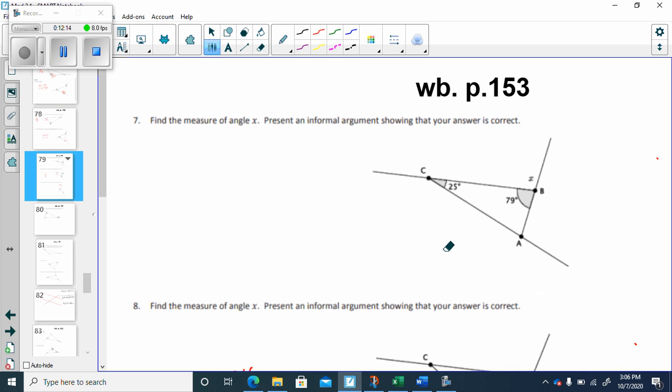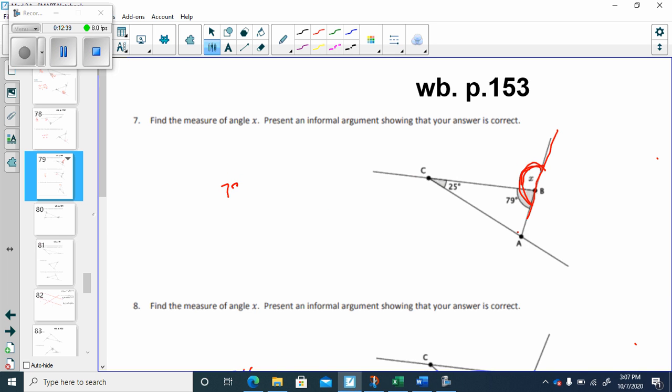Let's go to page 153, number 7. I'm looking for this angle here. Do I have the two remote interiors? No, I don't have this one. I'm missing that one. But what I do see is these two form a line, right? They form a straight angle, so they're supplementary. These two would add up to 180.